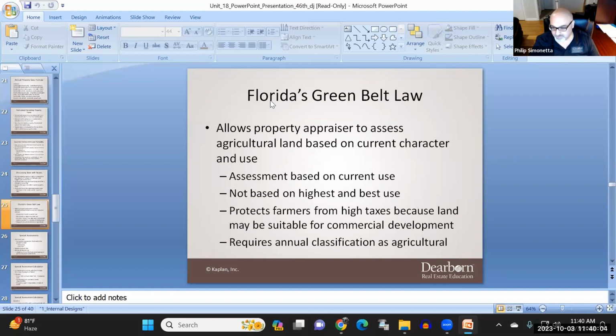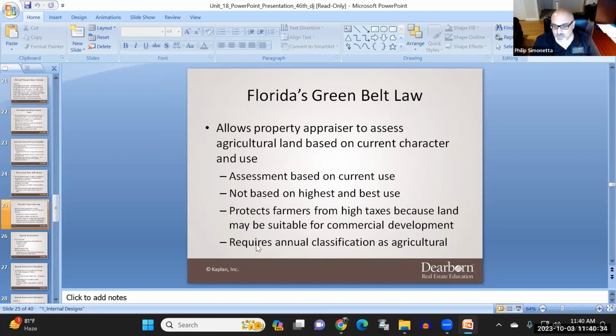So if it's a big plot of land with cows on it, they're not going to appraise it for highest and best use. The assessment is based on the current use, not the highest and best use. It protects farmers from high taxes because the land may be suitable for commercial development. If they assessed it for development, they would put the farmers out of business because they couldn't afford the taxes, right?